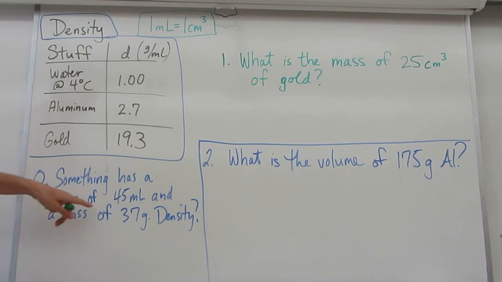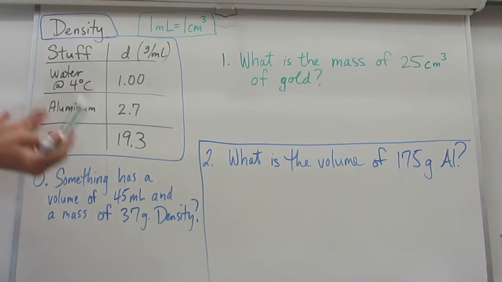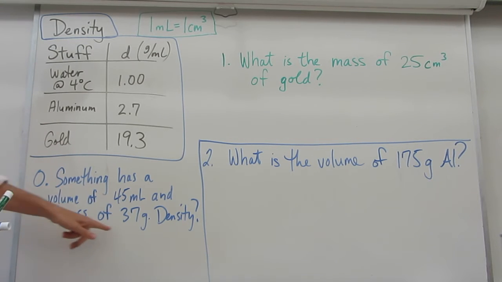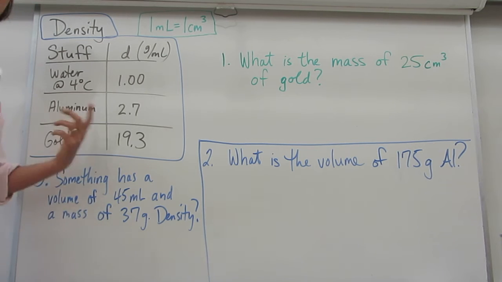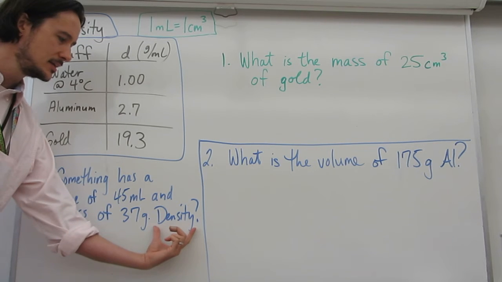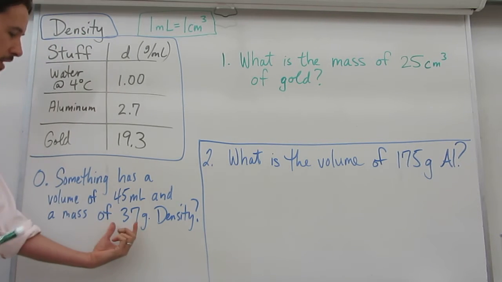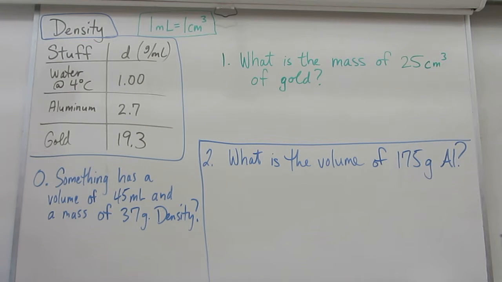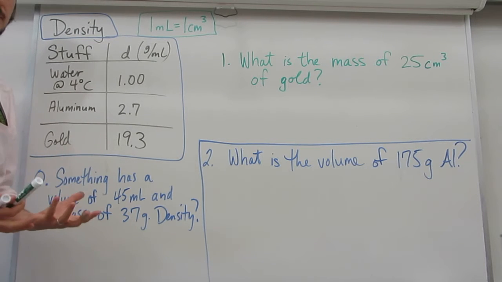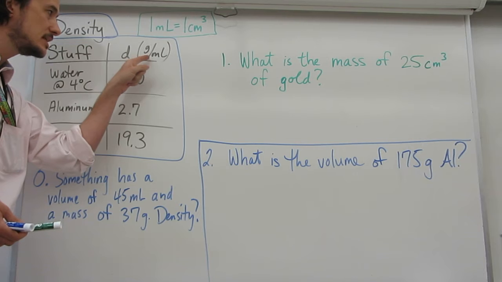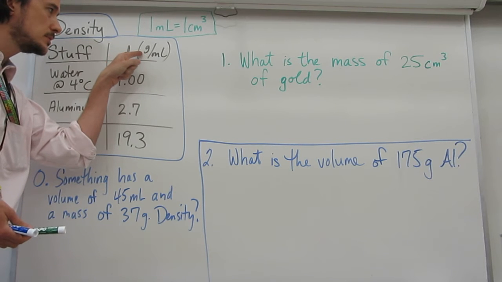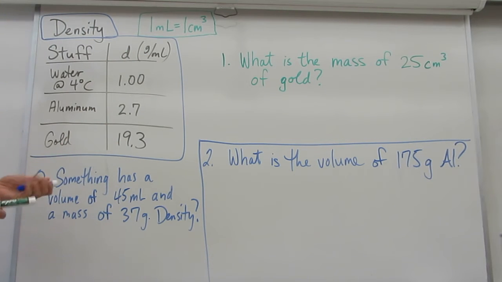Therefore, if I see some made up question, something has a volume of 45 milliliters and a mass of 37 grams. What is its density? I don't need a formula to solve this. I see the unit. I need grams in the numerator and milliliters in the denominator.